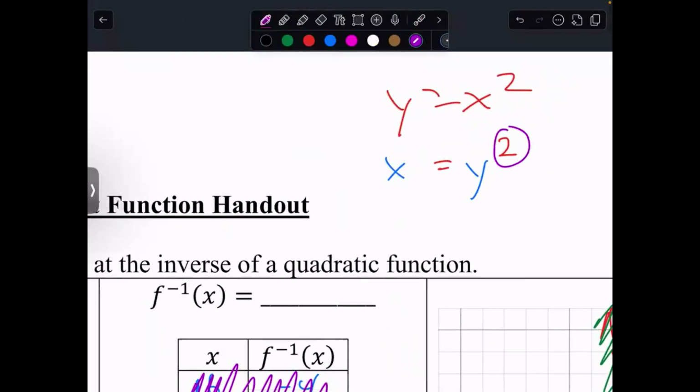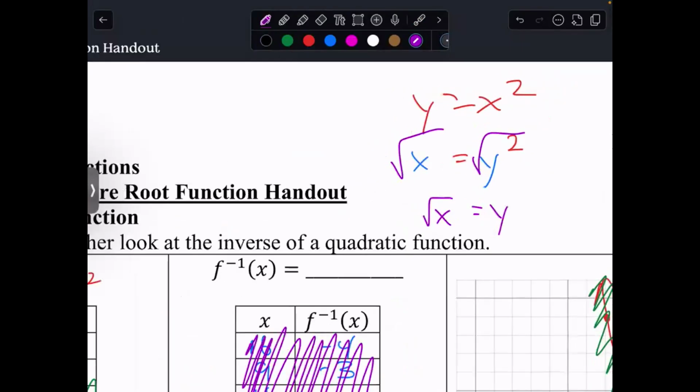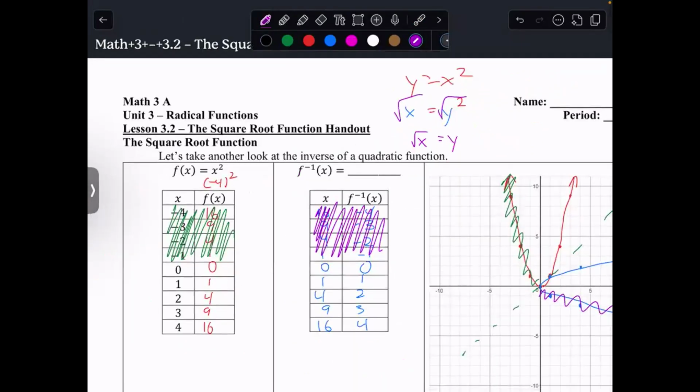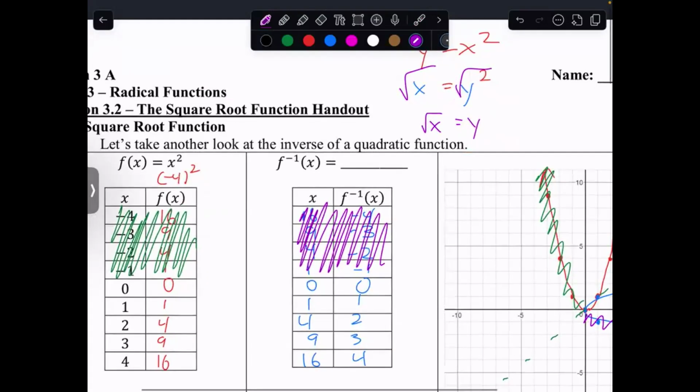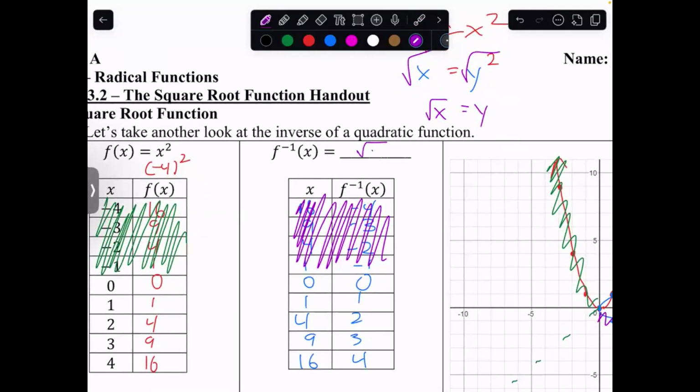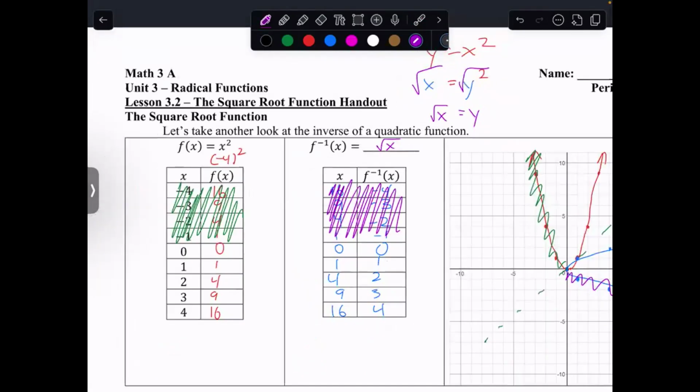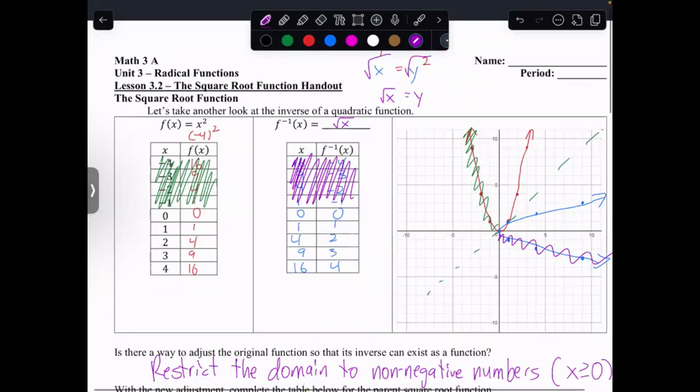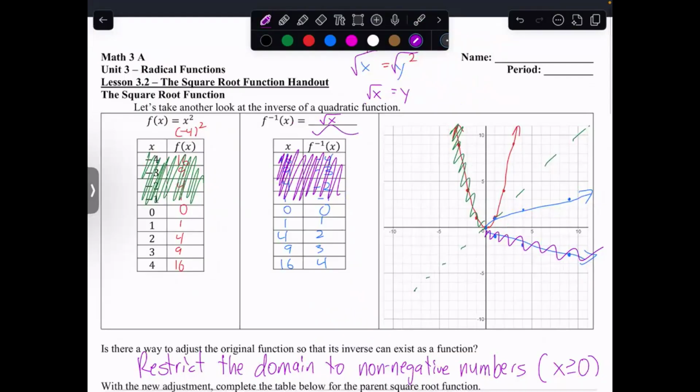So to undo the exponent of 2, you would square root both sides. The inverse of x squared is the square root of x. So that's the function we'll be focusing on first. This is the parent square root function, the most basic square root function.